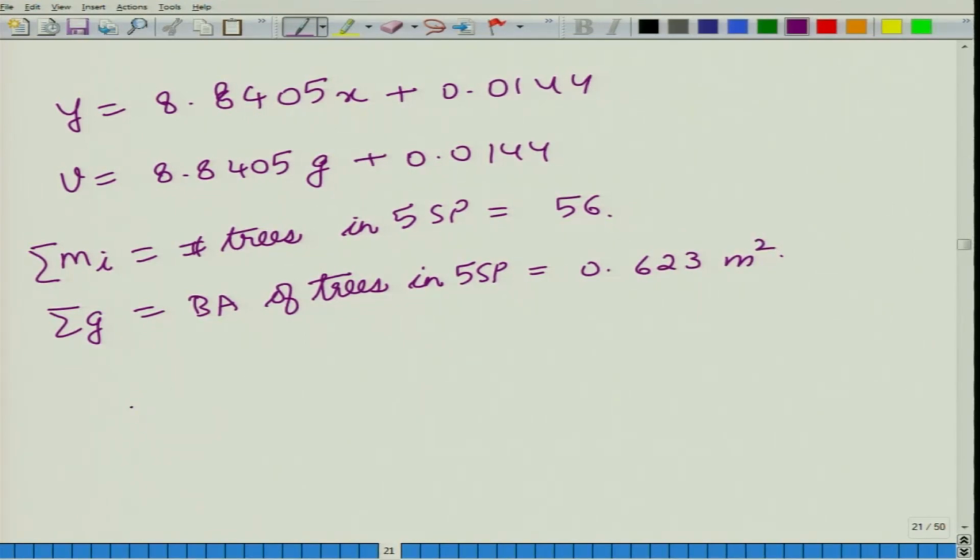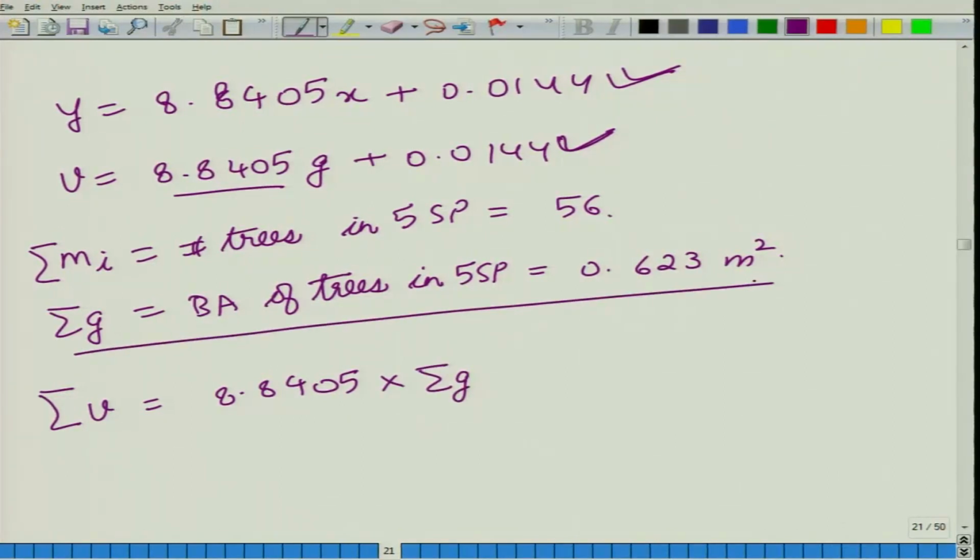Now, if we use this equation to find the total volume, we want to calculate the sum of all the V's. That will be given by 8.8405 multiplied by the sum of G, so the sum of G is this value, plus 0.0144 multiplied by the sum of the mi values.